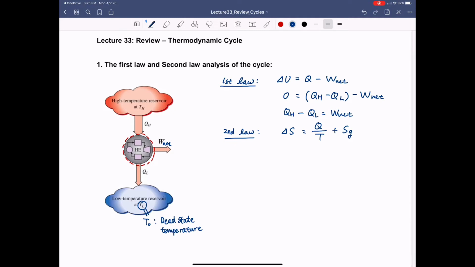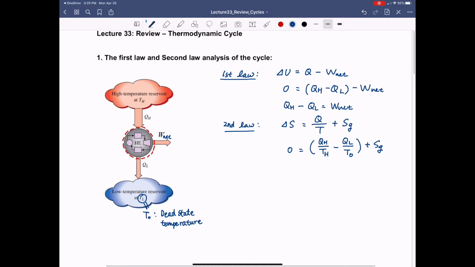So now we have 0. And now we have two terms of entropy transfer, which is due to QH at TH minus QL divided by T. Now let me use T naught, which is the dead state temperature, and we have entropy generation.